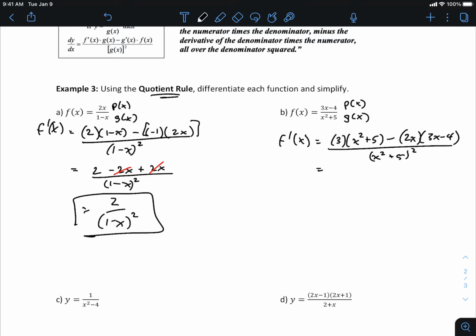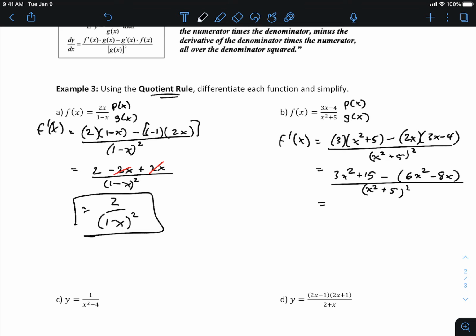Okay, now let's just do some expansion. We're going to see 3x squared plus 15 minus, over here we're going to have 6x squared minus 8x, okay, all divided by x squared plus 5 squared. Okay, and then we can clean it up.